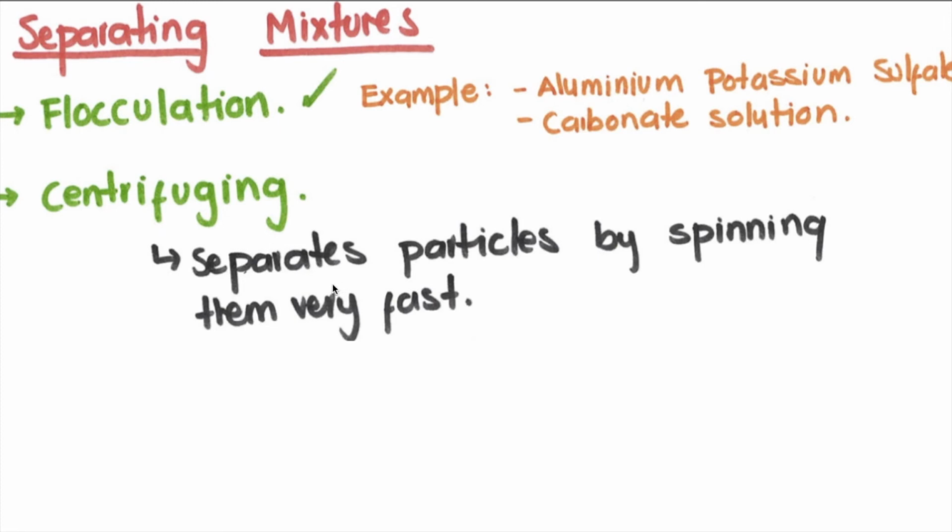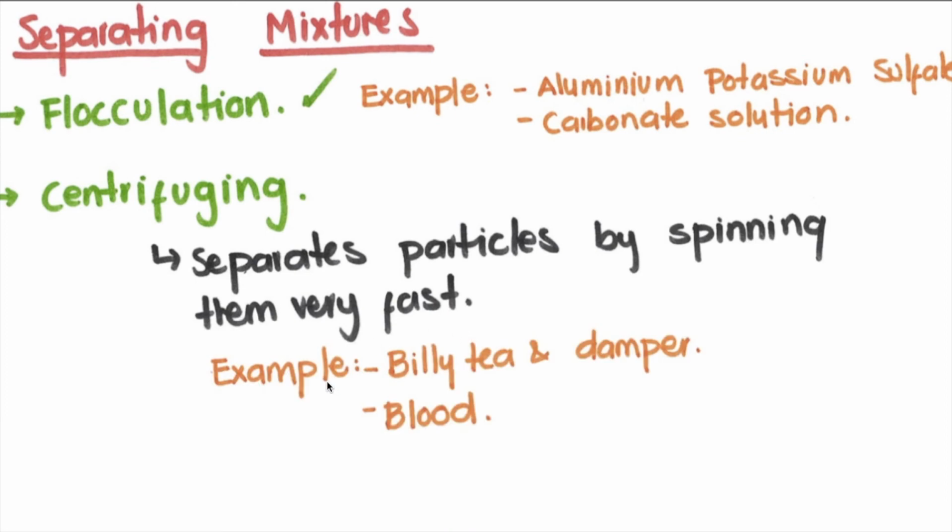When you wash the lettuce and you put it in a salad spinner and you turn it around very, very quickly, the salad goes spinning around, then the water goes out and that dries the lettuce so the lettuce can continue to be crispy. That's an example of centrifuging. So it separates particles by spinning very, very fast.